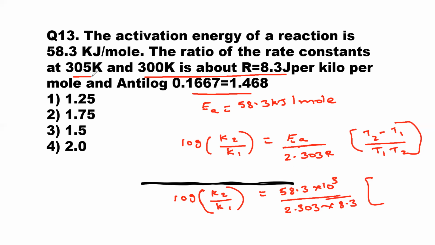T2 value is given as 305 minus T1 is 300, divided by 305 into 300. So by solving all this, you will get a value. So log of K2 by K1 is equal to 0.677, and you have to change it into anti-log. It is equal to 1.468. They have already given it. So it is approximately 1.5. So this is the answer.